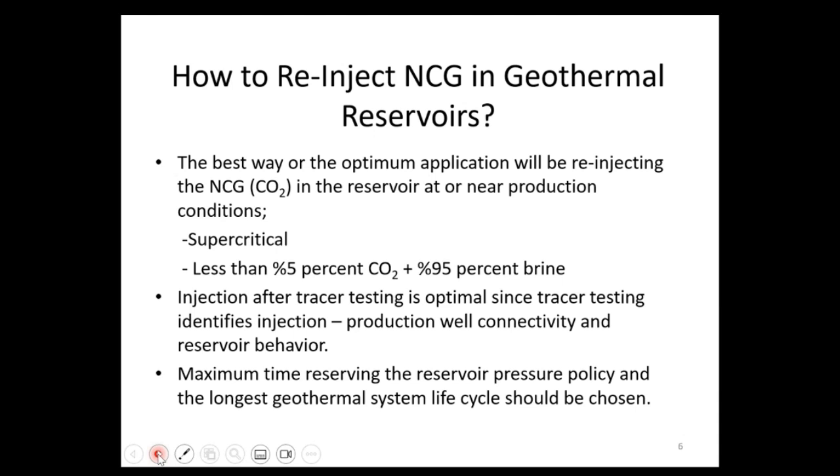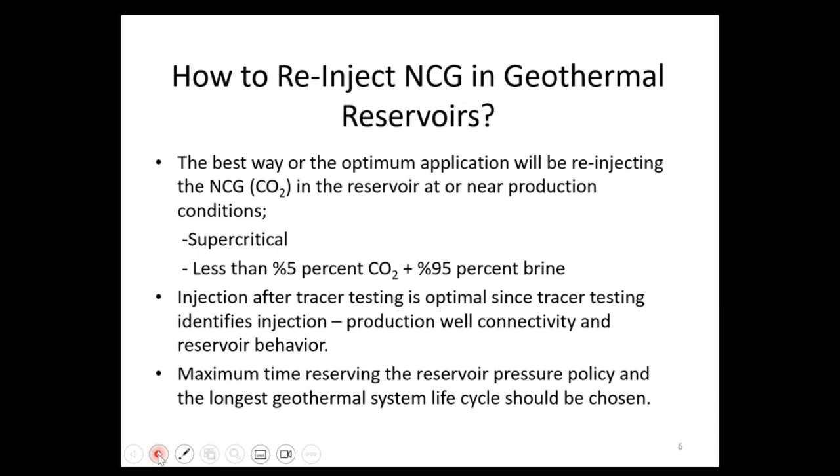Usually it is going to be in a supercritical state, even with re-injection waters. Most re-injection waters are higher than 65 degrees. Under pressure and above 65 degrees Celsius, your NCG is going to be in a supercritical state, since carbon dioxide is the dominant gas that gives NCG its characteristic, which at this temperature and pressure condition is supercritical.